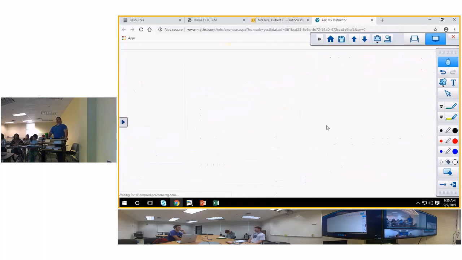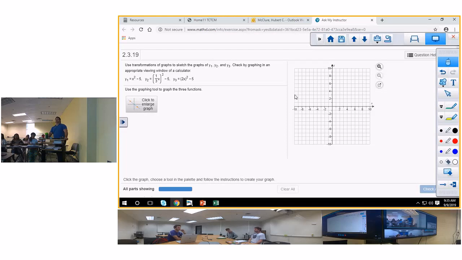All right. This is number 4 on 2.3. This is a test question. Now, why is it a test question? Because I want you to be able to do those things. I don't care about the way you graph it. I just care that you understand how to do this, all right? It says use transformations to sketch y1, y2, check by graphing in an appropriate viewing window.